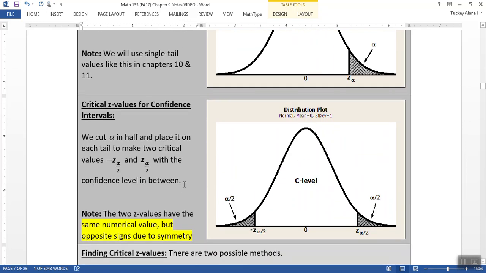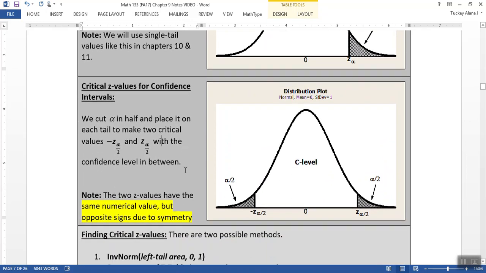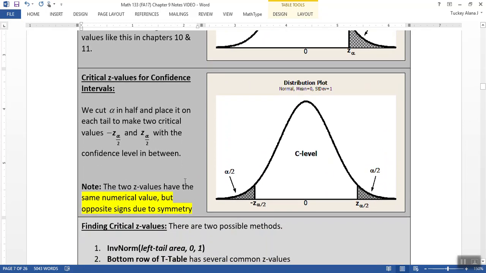For confidence intervals, it's always that the C level is in the middle, and then due to symmetry, you've got one on the right and one on the left, and the middle part is the confidence interval or confidence level, and then alpha over 2 is one tail and alpha over 2 is the other tail. Remembering from earlier in this section that alpha and the C level are complements of each other.